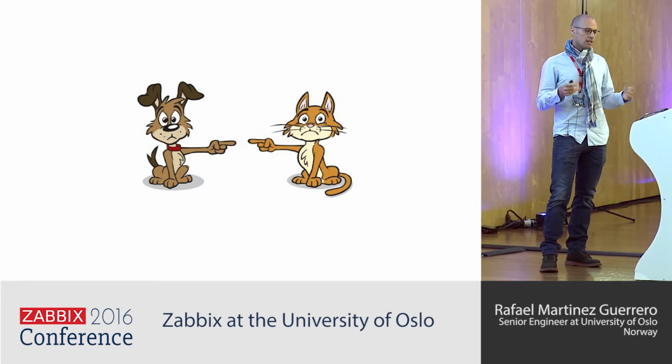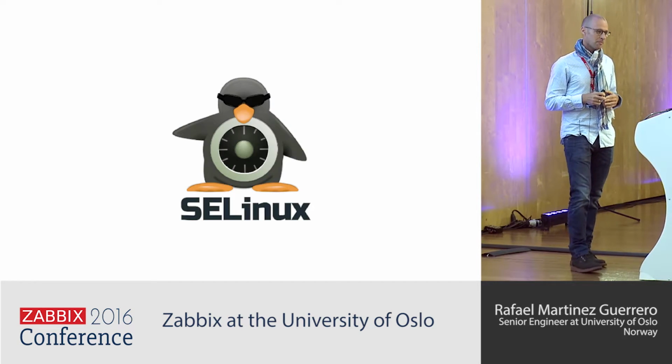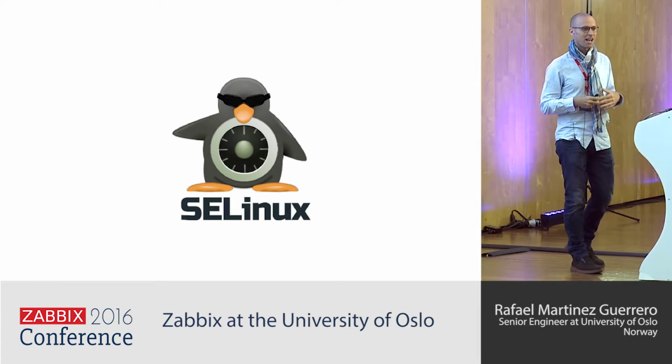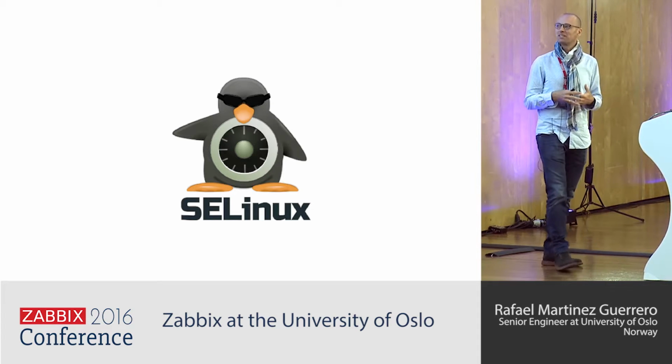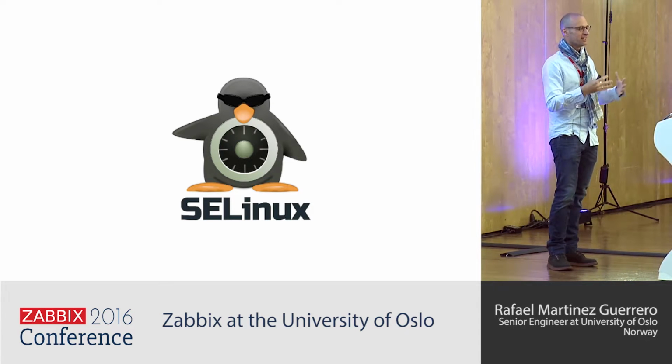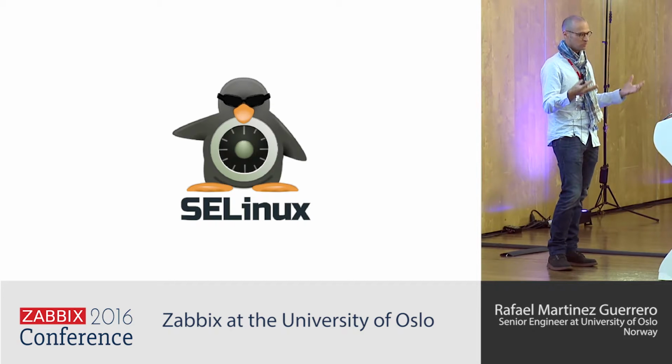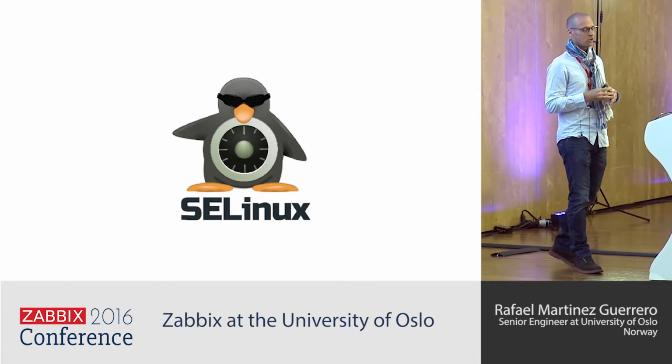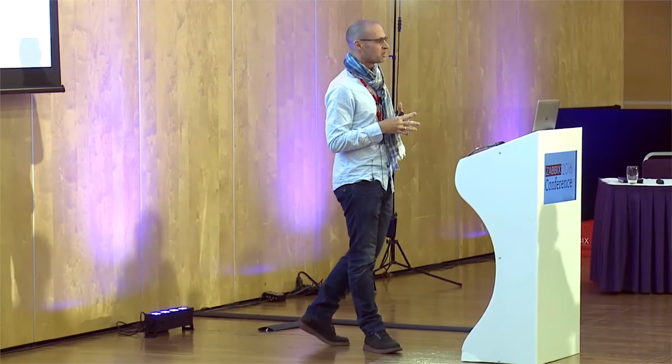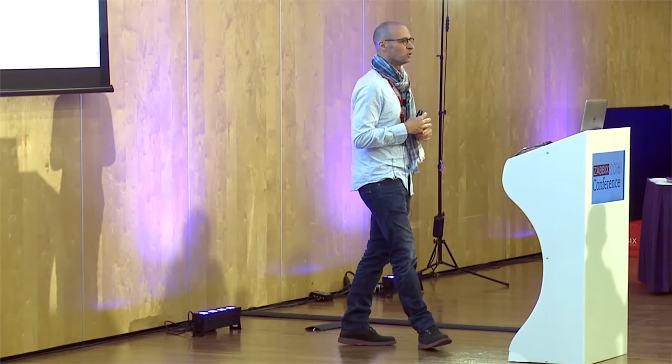What we found out after a while is that we were using SELinux in all our servers, and that was stopping the Zabbix components from working properly. So be careful if you have security measures in your systems, because they can do some nasty things, and things won't work how they are supposed to.